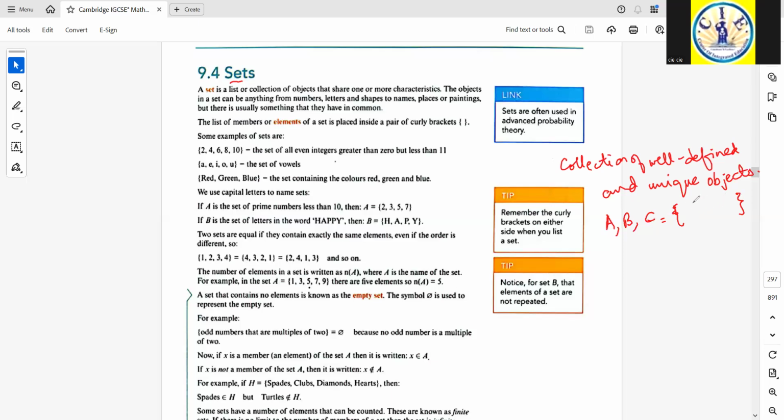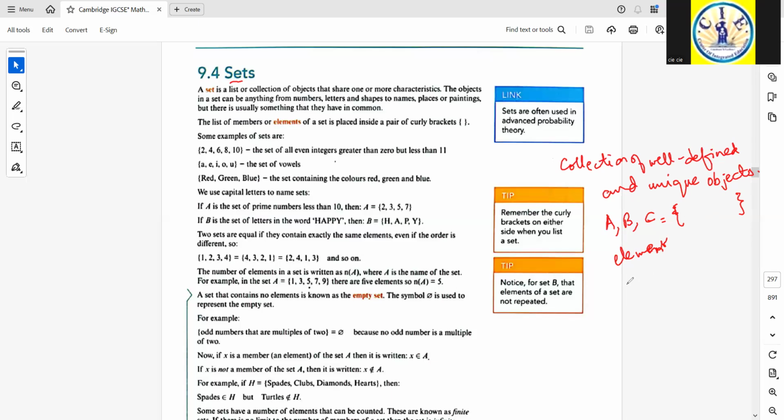Whatever is there within this curly bracket, that means these are the constituents of a set. Every constituent of a set is known as an element, and it is separated by a comma.